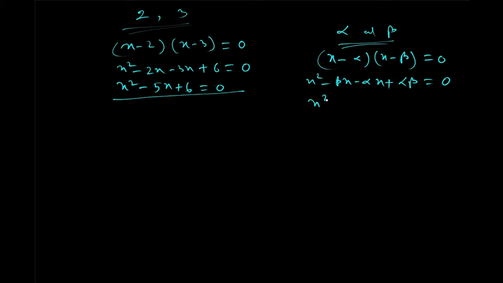So you get x square minus (alpha plus beta) x plus alpha beta, that is equal to 0.